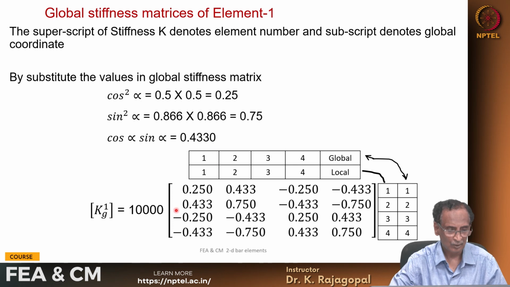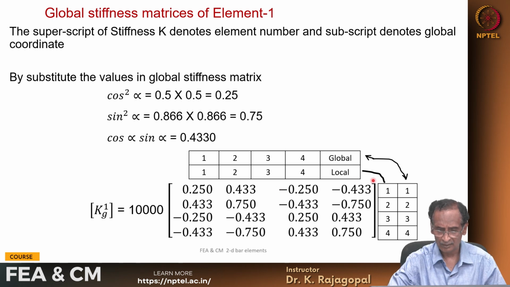And so for element 1, your cosine square alpha is 0.25 and sine square alpha is 0.75. There are two index values given. The first row corresponds to local degrees of freedom 1, 2, 3, 4, and the second row corresponds to global degrees of freedom 1, 2, 3, 4.